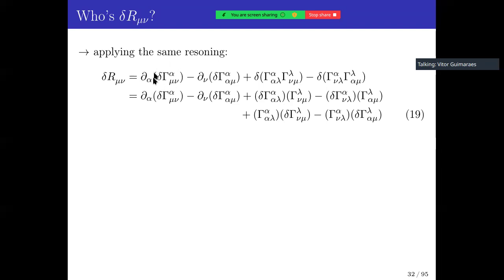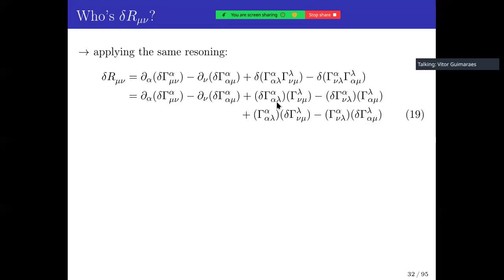So we took the derivative here, we commuted with this and commuted with this partial derivative and applied the product rule here, right? So in fact, what we get is this full expression here, okay? Here we have this variation of these two terms, which open up into two other terms here, because of the product rule. The same goes for this one, which also opens up as a product rule.